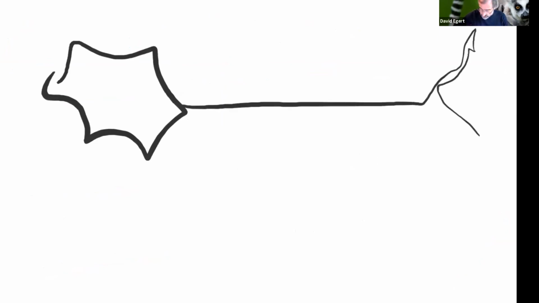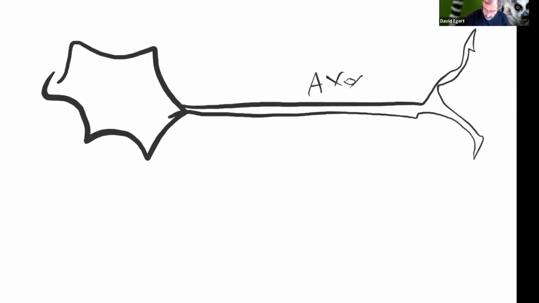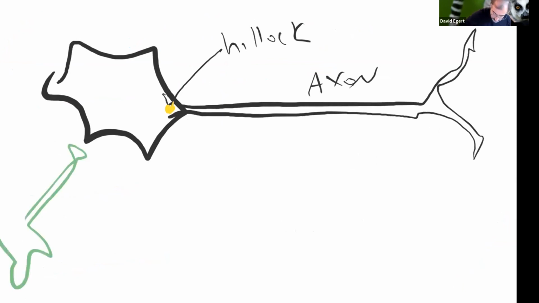Here's some neuron. Again, that hillock we said was going to be important. And then you have all these other neurons coming in and talking to this one.